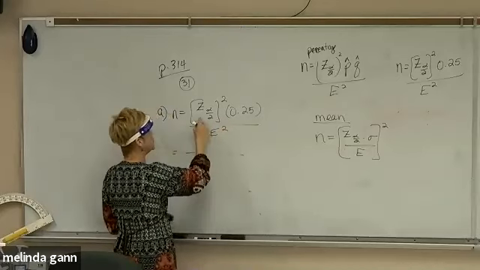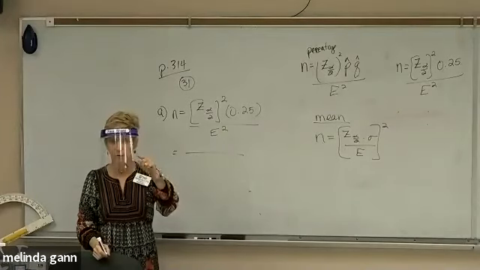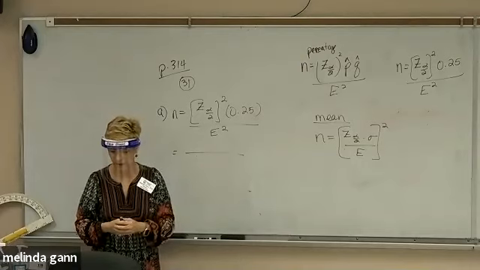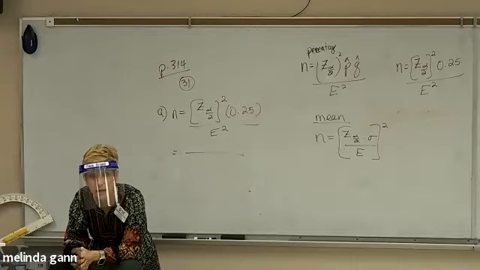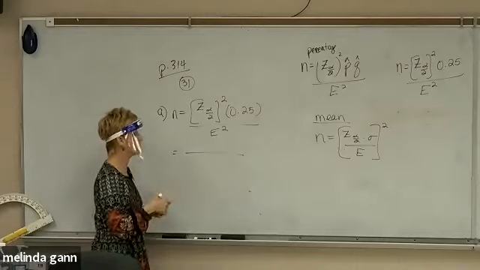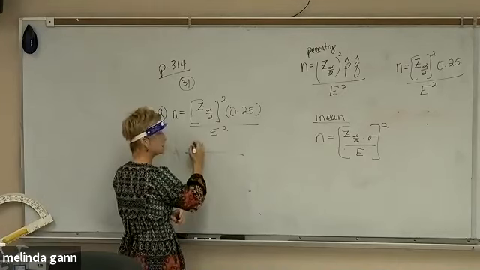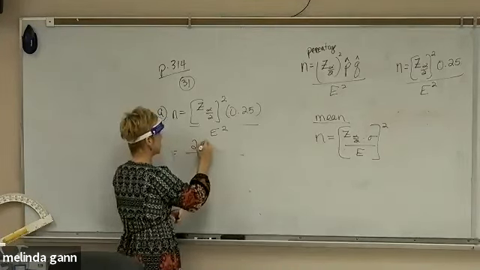Now, where do you get the Z-score from? From the formula sheet. So your Z-score is on the bottom right of that formula sheet. Now, what confidence level was 31? It said a confidence level of what? 99%. So you've got the formula sheet. What's the Z-score for a confidence of 99%? 2.575.